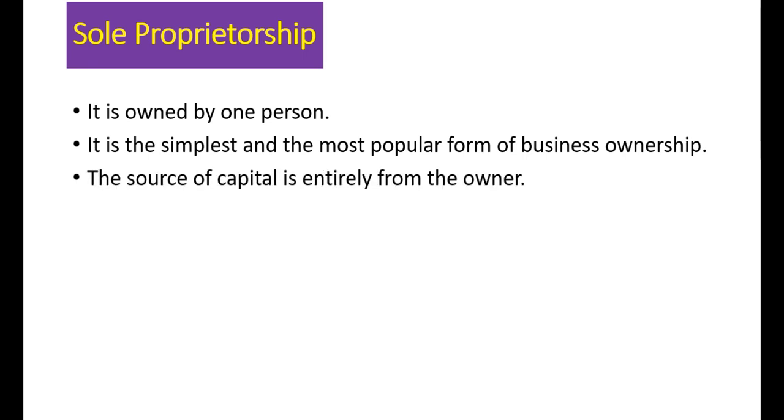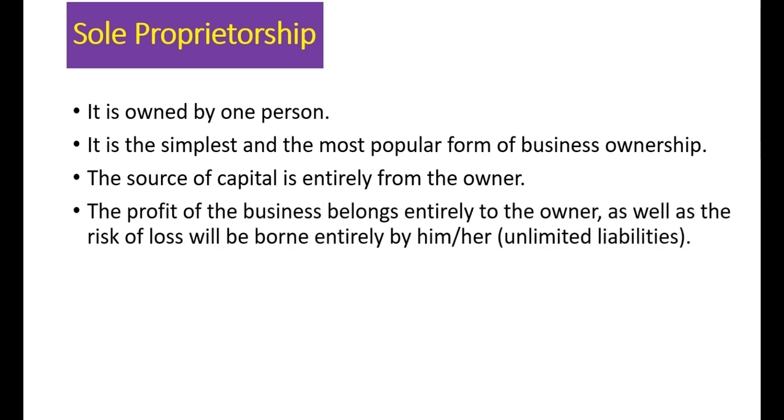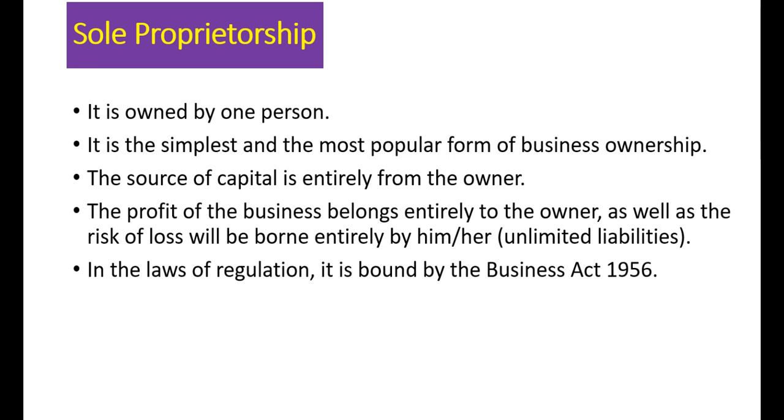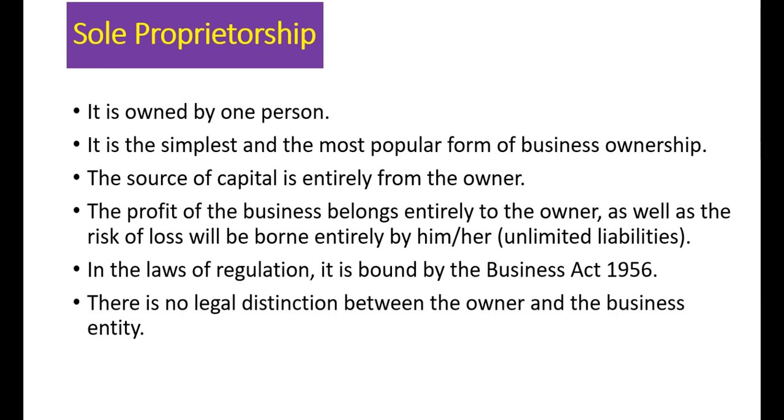The profit of the business belongs entirely to the owner, as well as the risk of loss, which will be borne entirely by him or her, known as unlimited liability. By law, it is bound by the Business Act 1956. There is no legal distinction between the owner and the business entity. The lifespan of the business is limited.